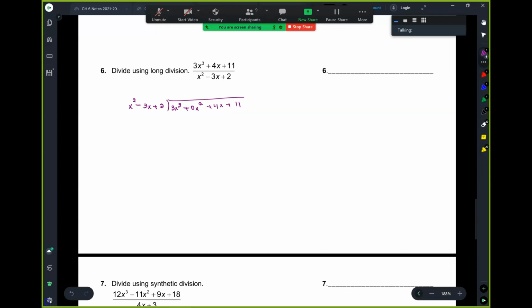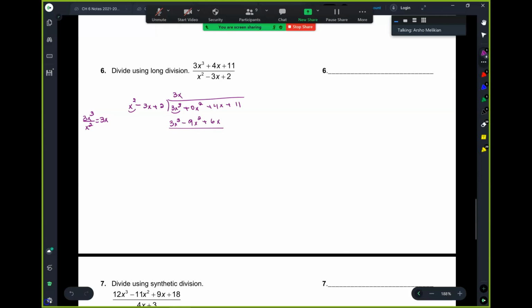So this first term divided by the first term gives us 3x. Multiply: 3x cubed minus 9x squared plus 6x.